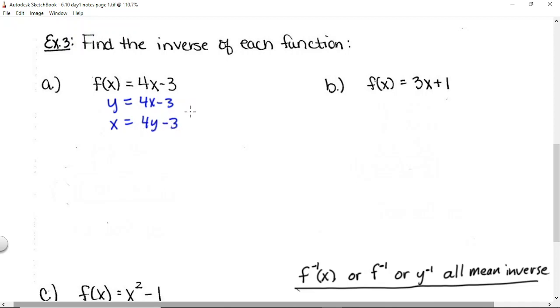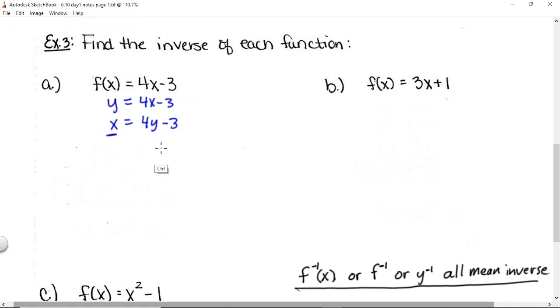And we have now switched it, and now remember, x is always our input, so we would put a number in for x, and we would want to know what is y for that. That would be its output. And we could actually do that as this is written. We could put a number in for x and then solve for y. And we could put a different number in for x and then solve for y.